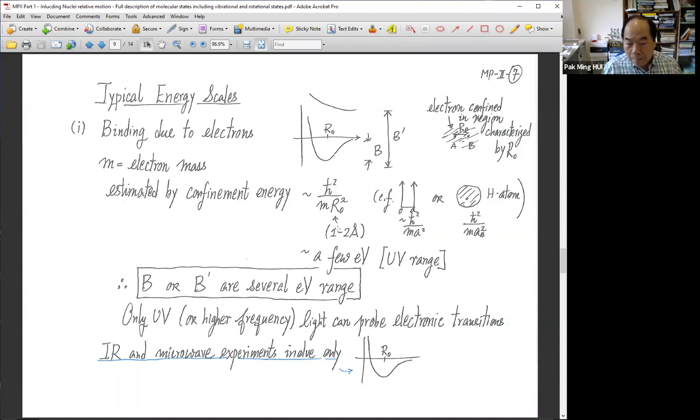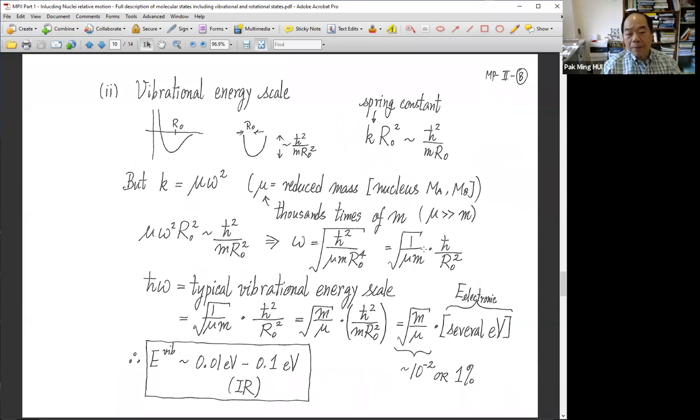You plug in reasonable numbers. This is 1, 2, 3 angstrom, the equilibrium separation of many molecules, and therefore you will find that this ratio, h bar squared divided by a mass of a typical atom, and then the separation squared, is about a few electron volt. As advertised, we can only see up to 3 eV. So if you have 5 eV, it is in the ultraviolet range, usually above what we can see. That's the point.